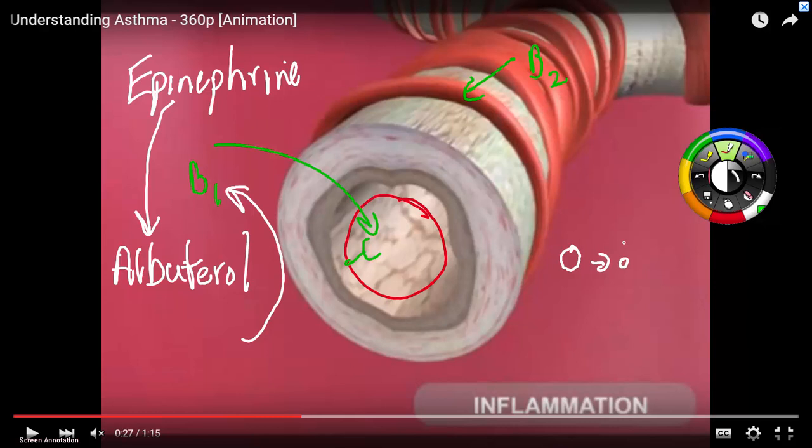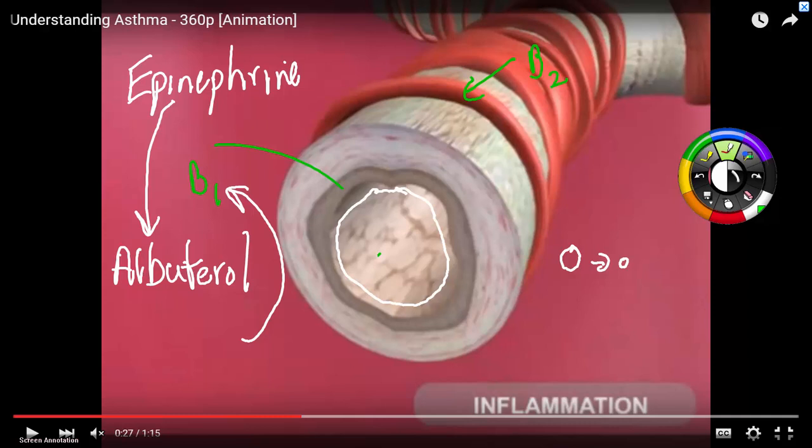So it is going to cause the arteries that make up that lining in your bronchioles to constrict. So what's going to happen when they constrict? The lining is going to open up because the blood vessels aren't as engorged with blood.